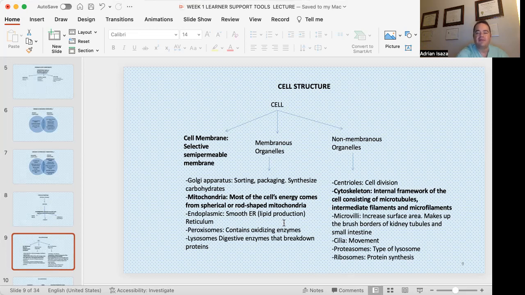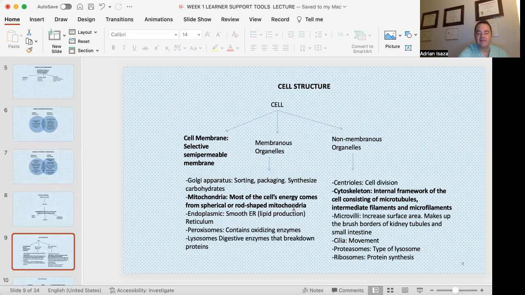Then we have mitochondria here, right? Where most of our energy is produced. Why do we eat? Because the body needs protein, fats, right? And carbohydrates. Yeah, but why do we eat, right? From a cell perspective, we eat because we need glucose to make energy, right?